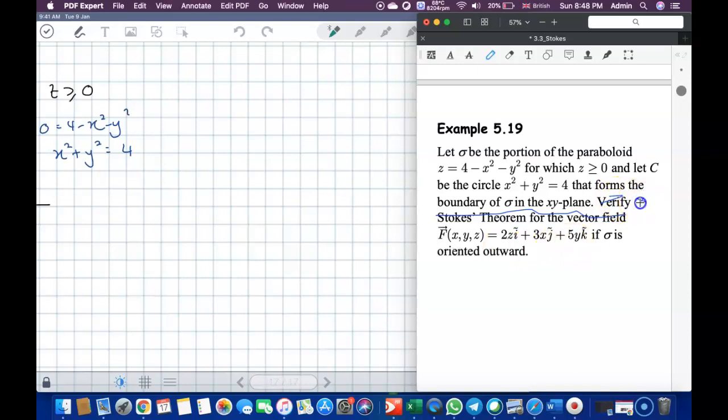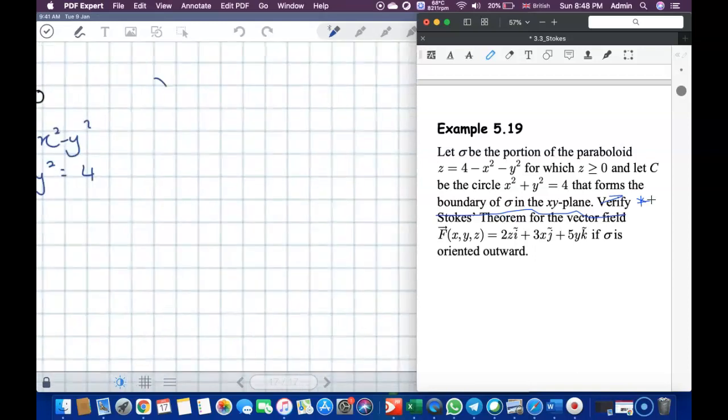The instruction then becomes: evaluate the line integral over the closed curve C using Stokes theorem.